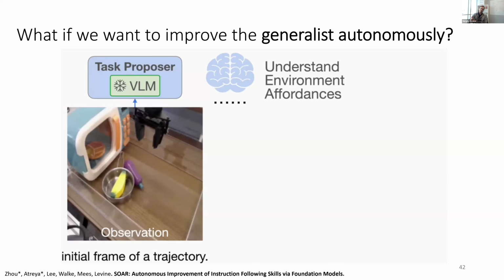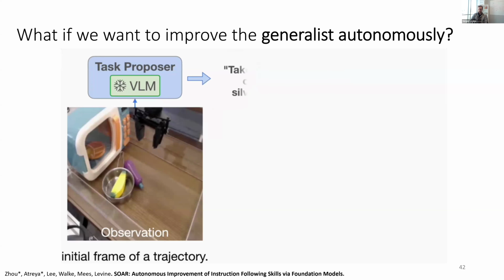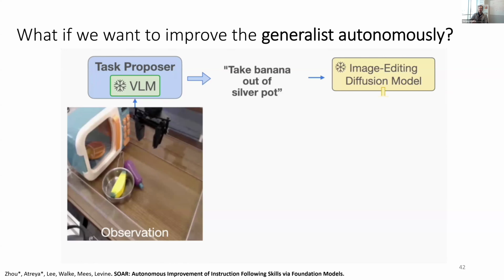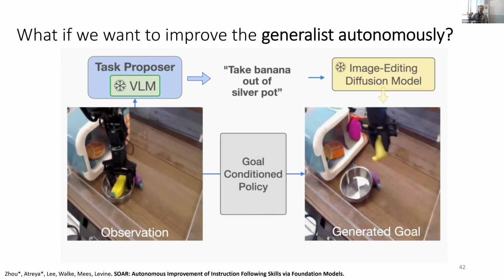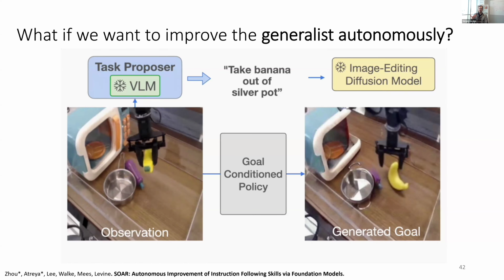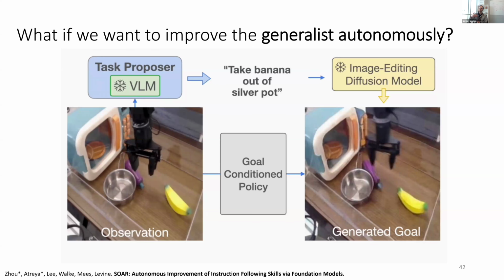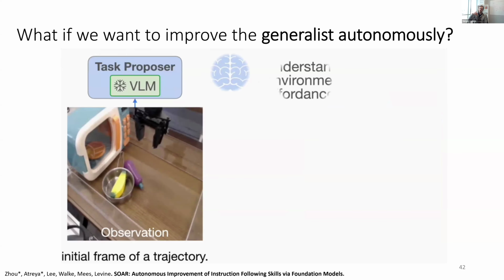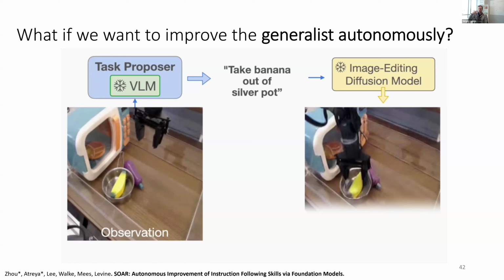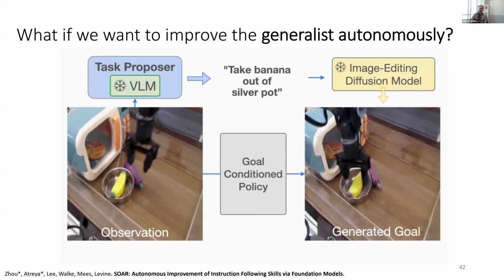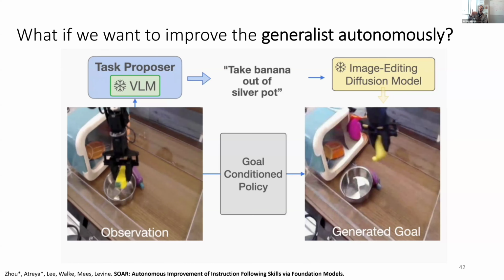Now, of course, we might also want to train our generalist robotic foundation models in an unsupervised way, where they actually gather their own experience. And one of the things we've been experimenting with is using self-generated goals to fine-tune robotic foundation models. So this is some work by Paul Zhao and Pranav Atreya, where they actually used image editing diffusion models to generate goals based on VLM proposed tasks.